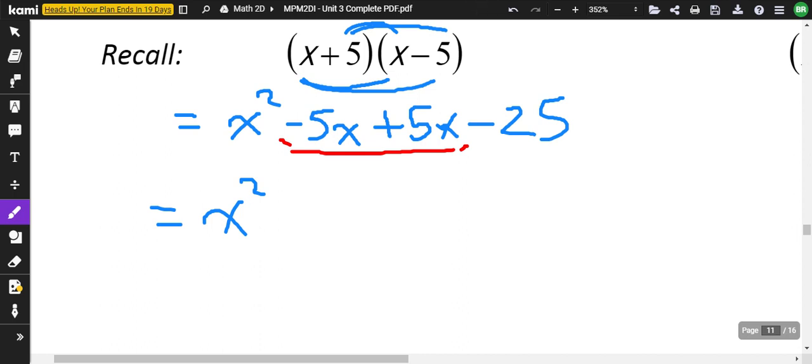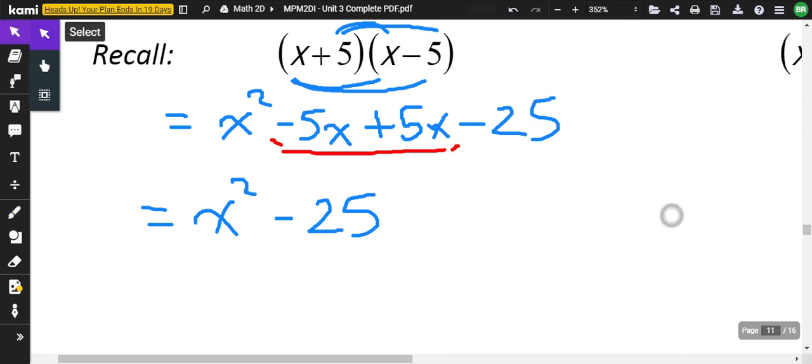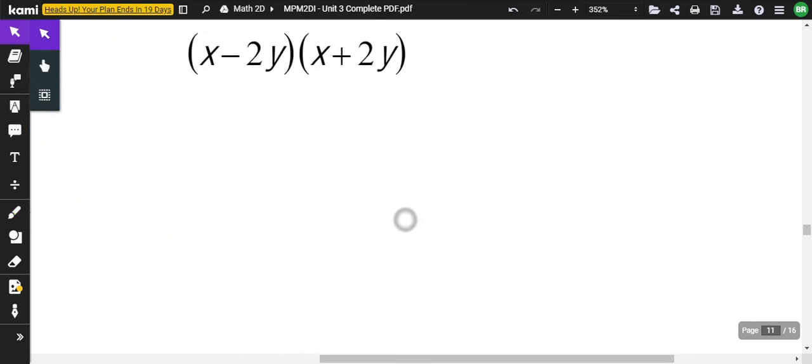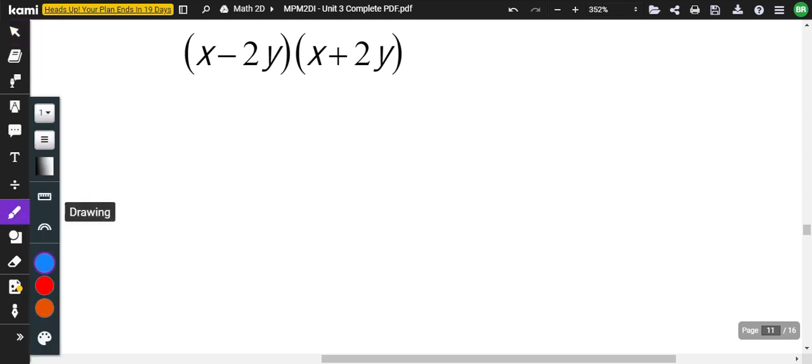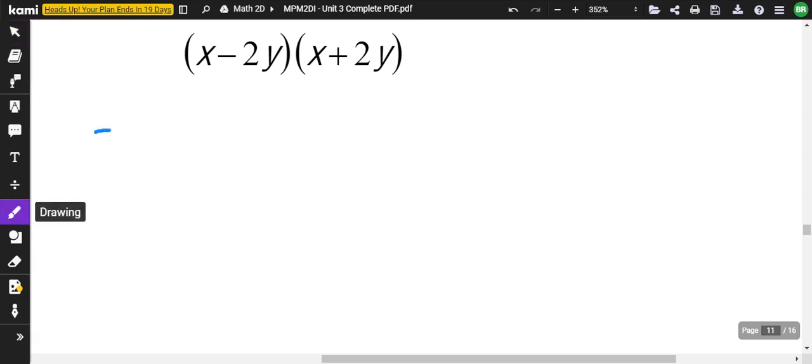It's just gone. I don't write any x's if it's 0x. So minus 25 is there. Well, that's a nice little result. Let's see if we get something similar again. So let's try this one now and expand and simplify it.